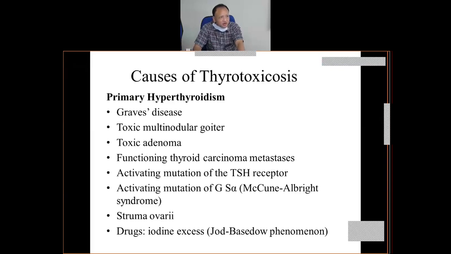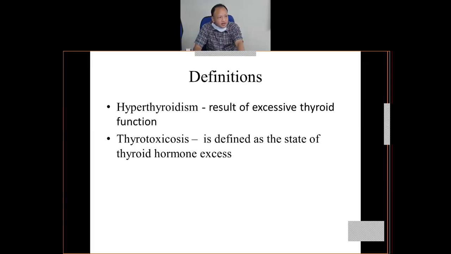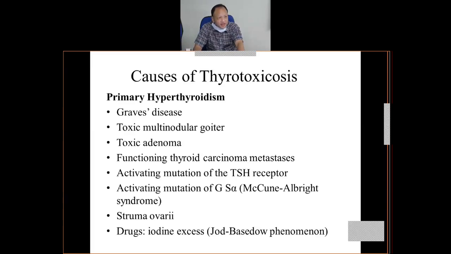So what are the causes of thyrotoxicosis? Thyrotoxicosis, again, is thyroid hormone excess. When we say primary hyperthyroidism, that means it is a disease of the thyroid gland.